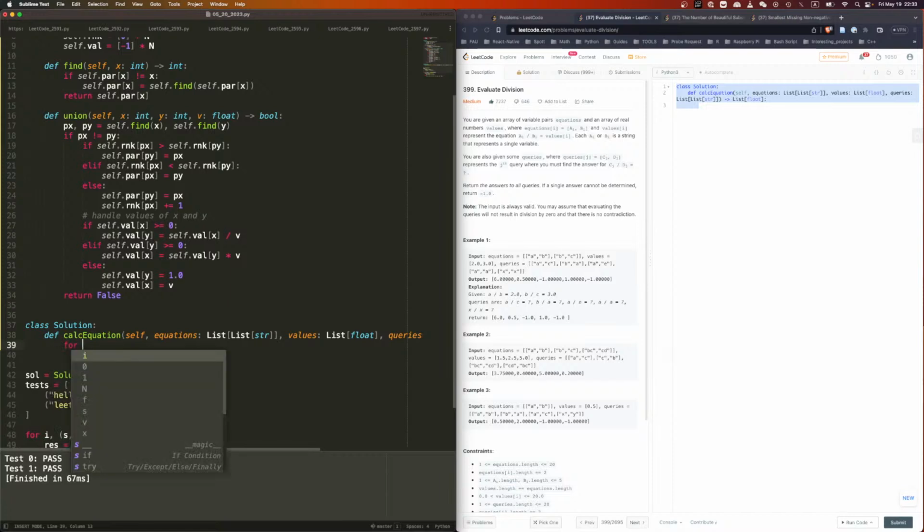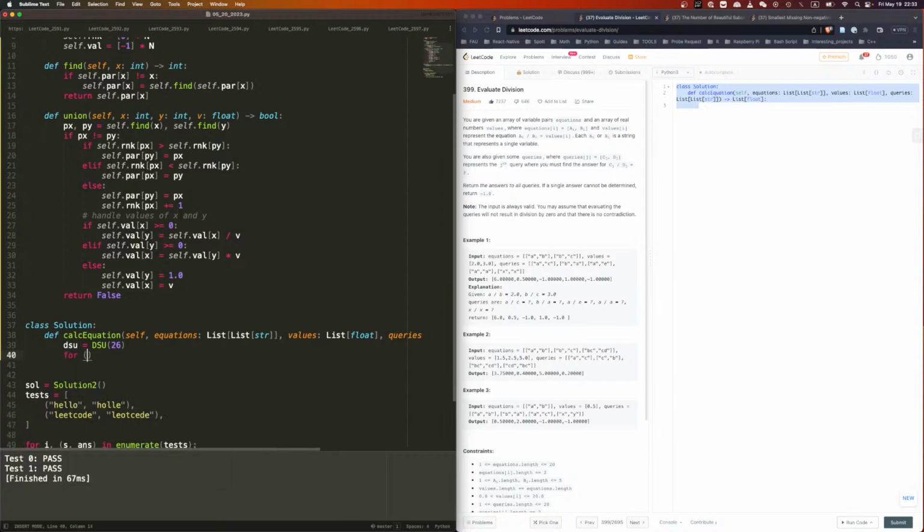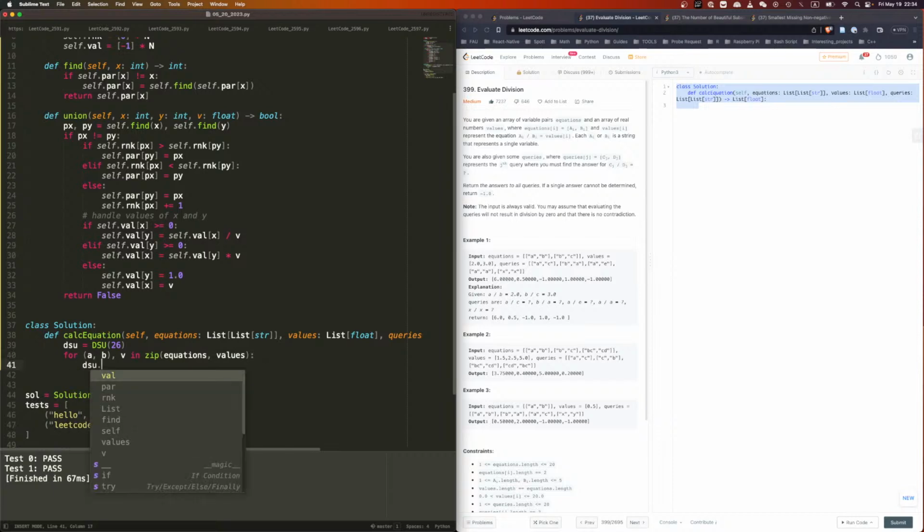So we say DSU equals DSU of 26 letters, right? Then we say for A, B, V in zip equations and values, DSU.union, x is ord A minus 97.